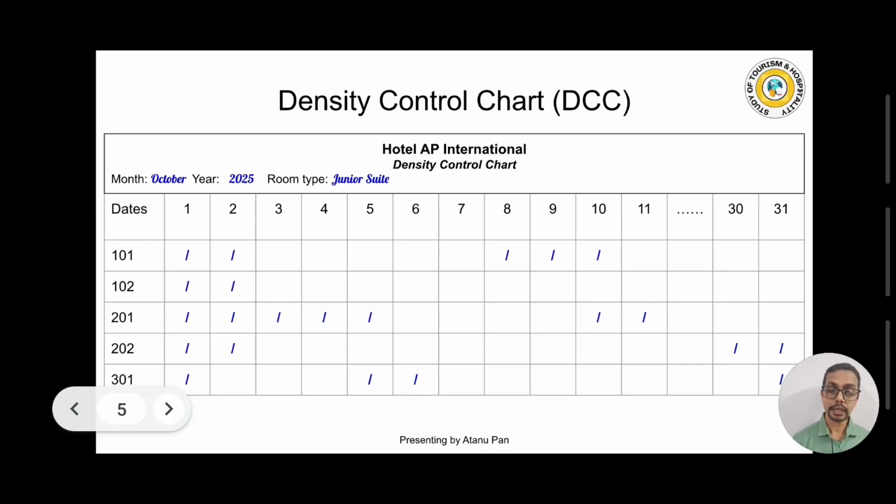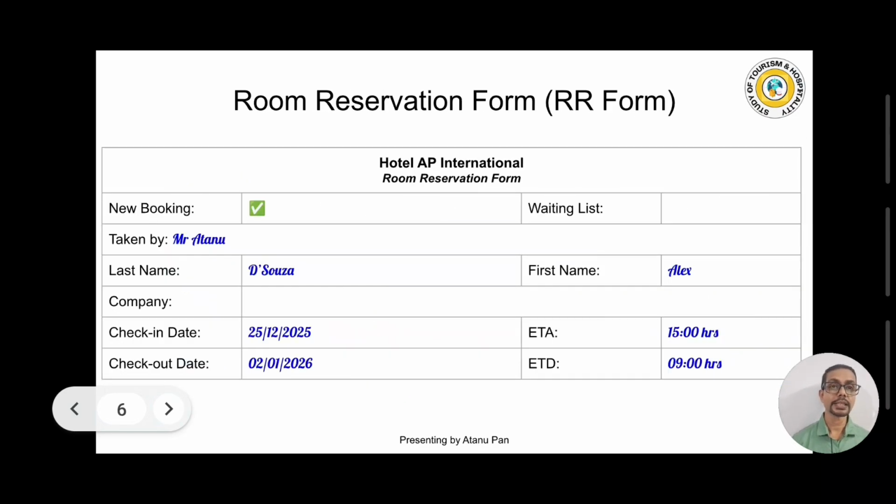Again, I'd like to repeat, this chart was used when there was no computerized system, but nowadays most of the hotels are computerized, so we do not use the density control chart or ALC. What we use nowadays is the room reservation form, and that is the next one we are going to discuss.